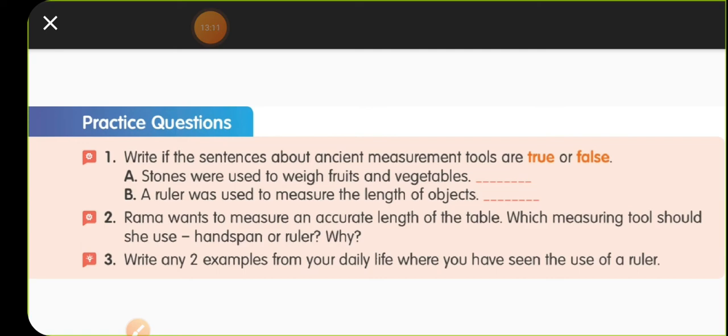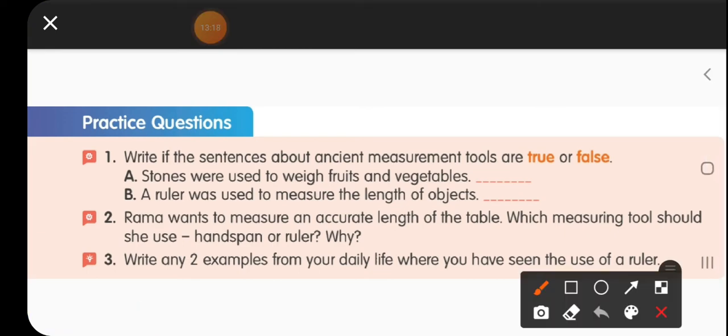The first one is, stones were used to weigh fruits and vegetables. Yes, in ancient days stones were used to weigh fruits and vegetables. A ruler is used to measure the length of an object. In ancient times, a ruler was not used.